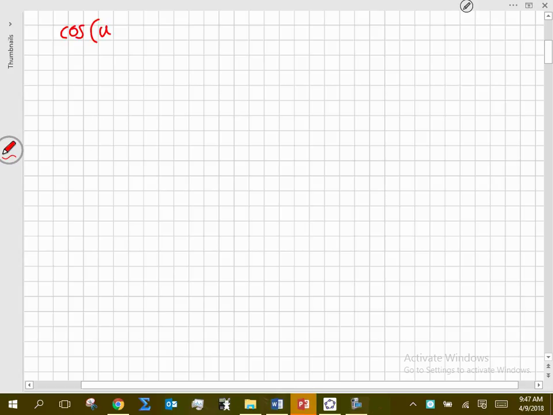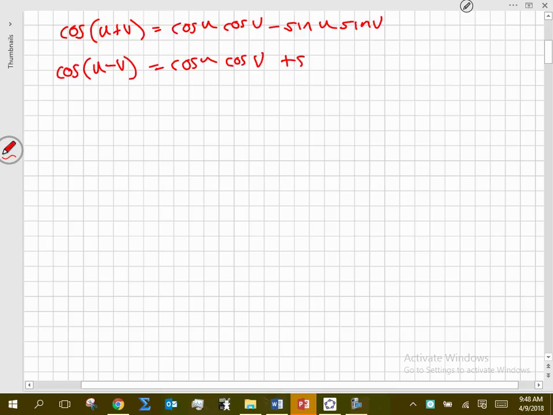If I have cosine of u plus v, you guys know that's cosine u cosine v minus sine u sine v. And if I have cosine of u minus v, that's cosine u cosine v plus sine u sine v.